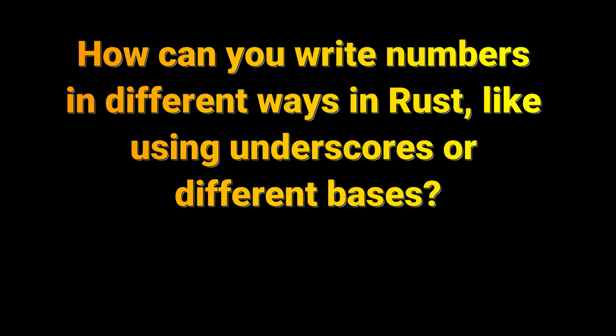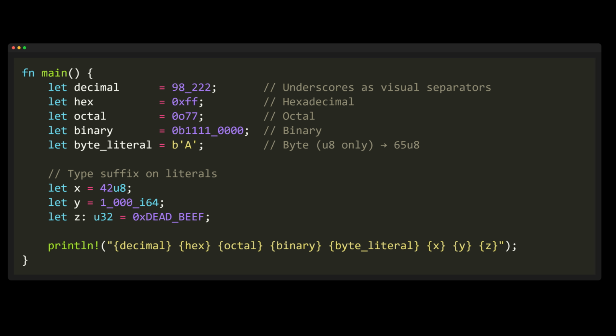How can you write numbers in different ways in Rust, like using underscores or different bases? In Rust, you can write numbers in several ways. You can use underscores to make long numbers easier to read, like 98_222.